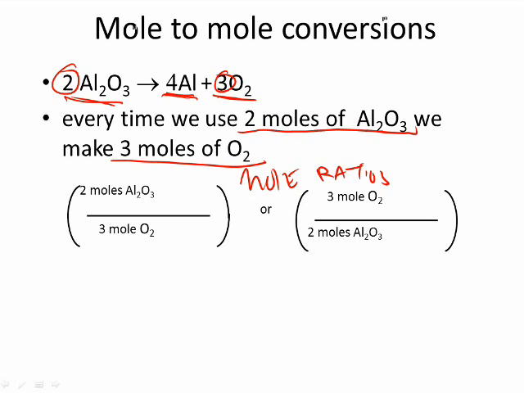And of course we can put Al in there as well: 4 moles Al is to 3 moles O2, and vice versa. We can flip that. We can write it any way because they're all equal. The ratios will be equal.